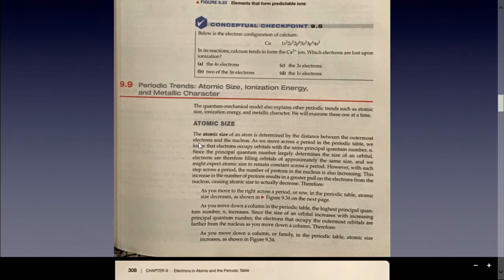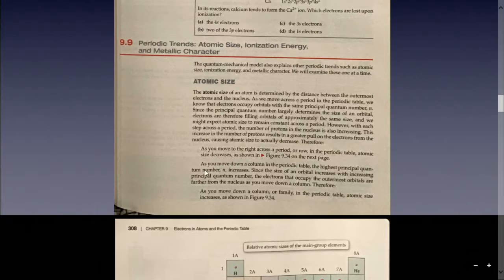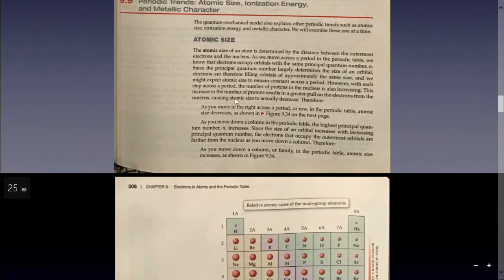So where was I? Oh, here we are. So the atomic size of an atom is real important, and it's determined by the distance between the outermost electrons and the nucleus. Okay, and so you'll see something very interesting happen here.